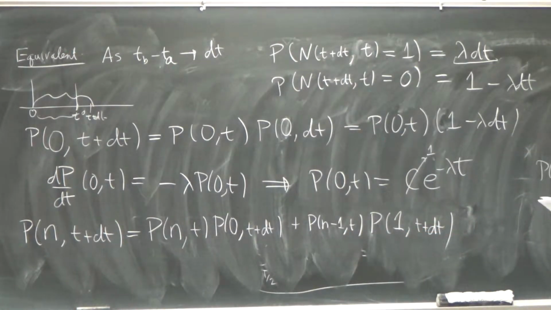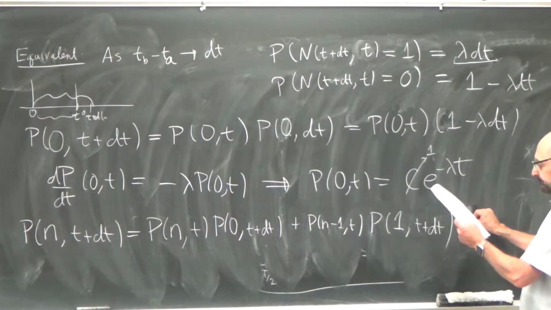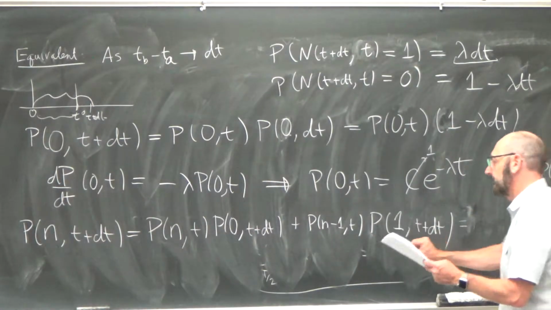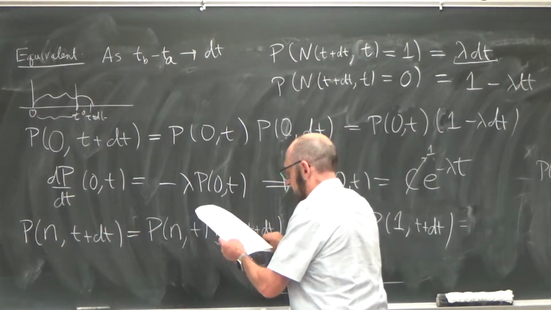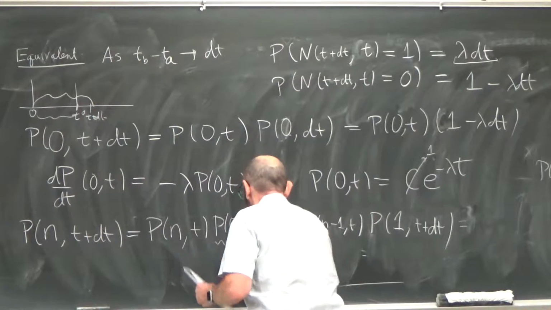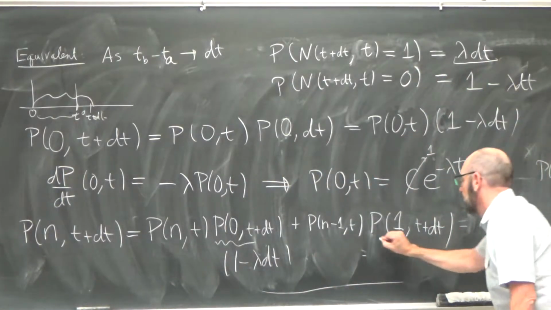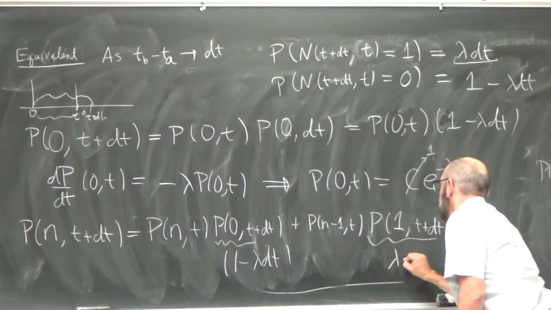So, putting that together, I get the following. This is again 1 minus lambda dt, and this, we said, was lambda dt.